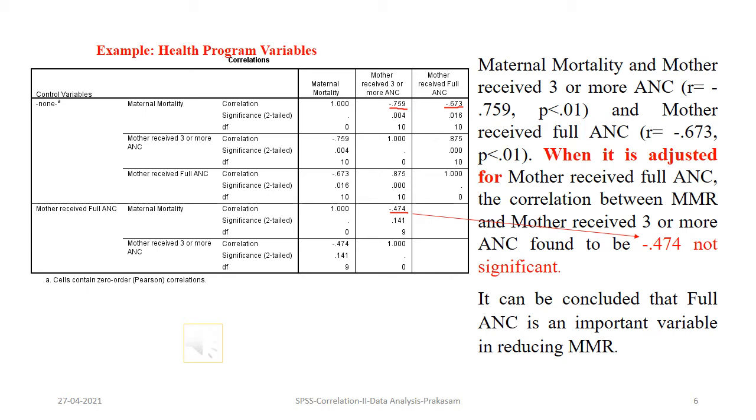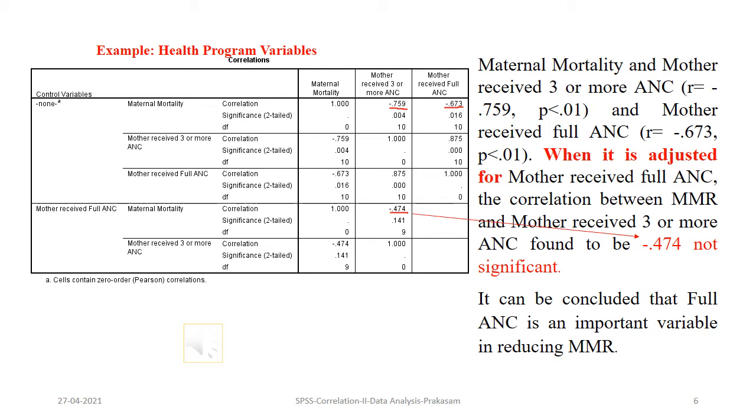Let us observe that maternal mortality and mothers receiving 3 or more antenatal care services have a correlation coefficient R equal to minus 0.759, which is significant, and mothers receiving full antenatal care is R equal to minus 0.673. When adjusted for mothers receiving full ANC, the correlation between MMR and mothers receiving 3 or more antenatal care is found to be negative and not significant.